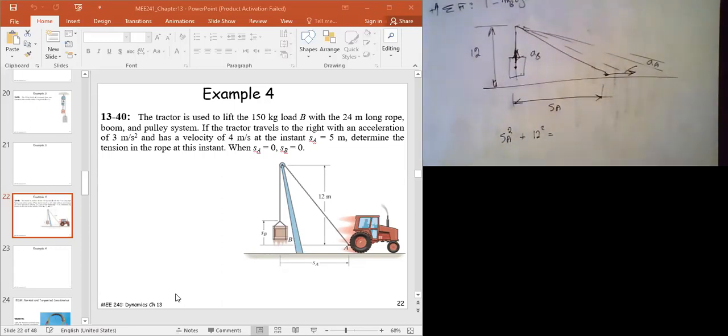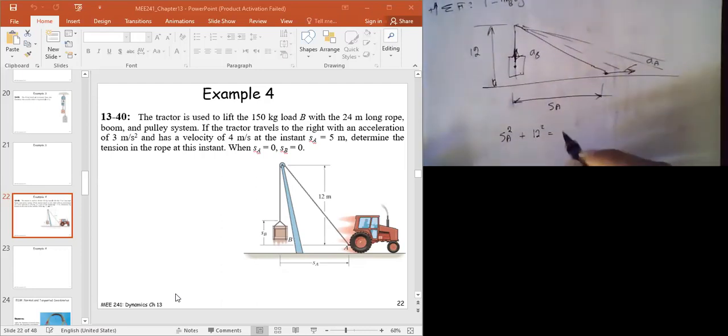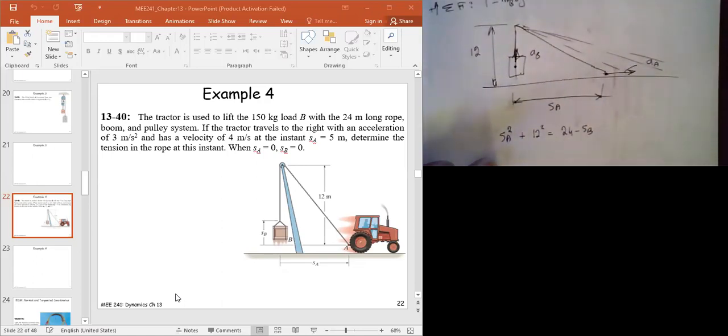It's equal to 24, which is the length, minus SB. So you have SA squared plus 12 squared is equal to 24 minus SB? Is that what you're telling me? All of it squared, minus 12, minus 12 as well. Is that what you want to tell me? Like this? Not all of it squared. Like that?